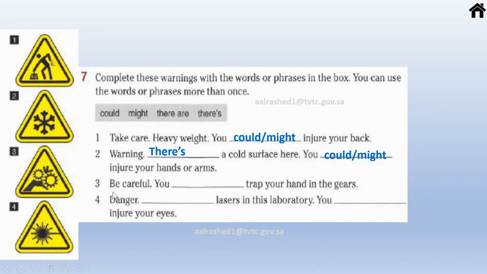But let's make sure. Okay, let's check before answering. Trap your hand in the gears. So, sorry, it's not a rule. Trap. Look at number 3.